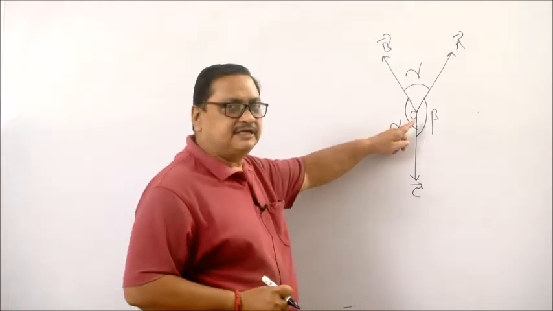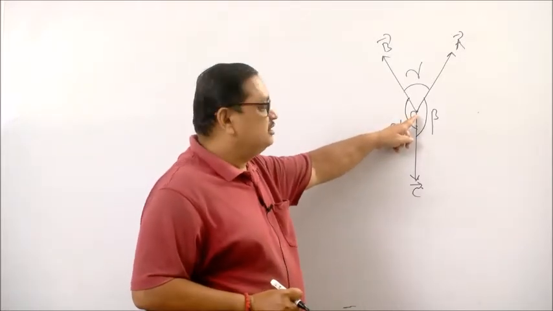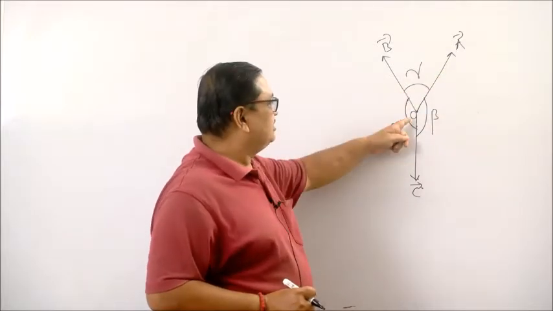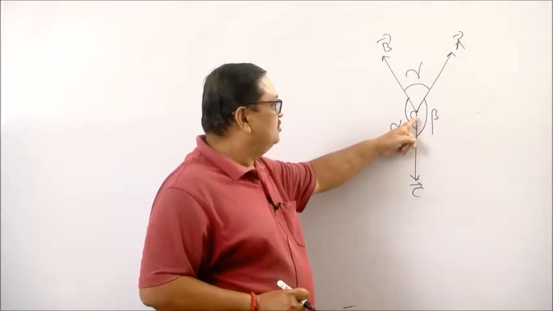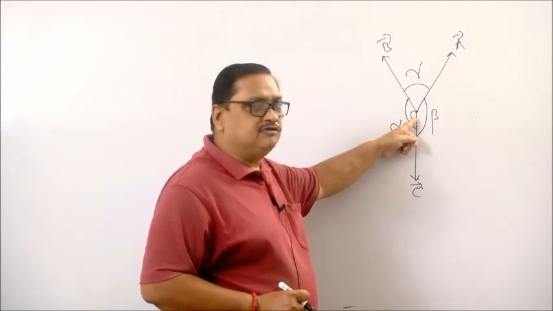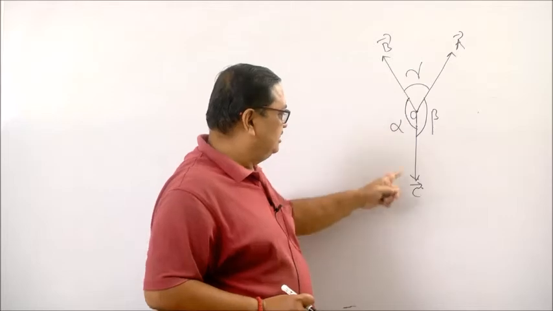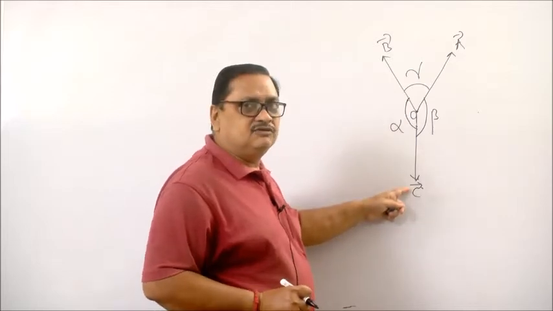First you mark that this point O is under three vectors A, B and C. Three vectors are acting at the point O, but the point O is in equilibrium, meaning the resultant of the three vectors A, B and C is equal to 0.